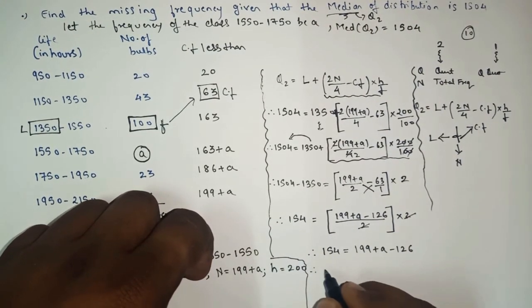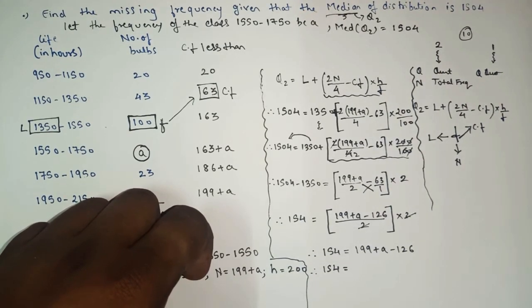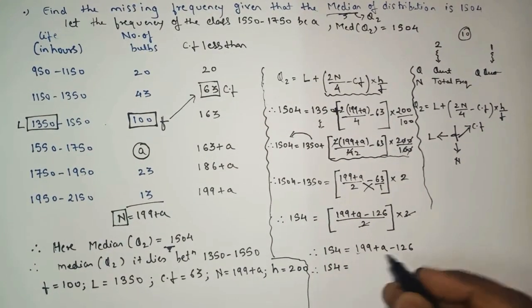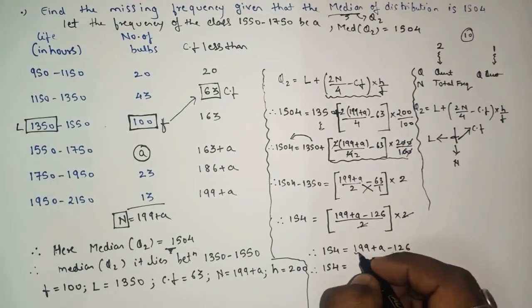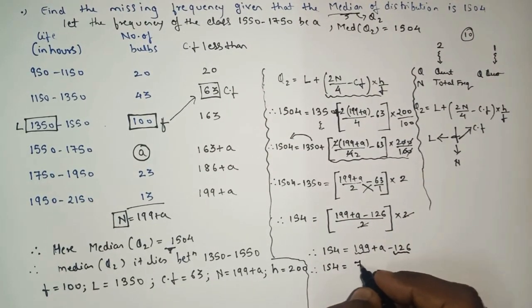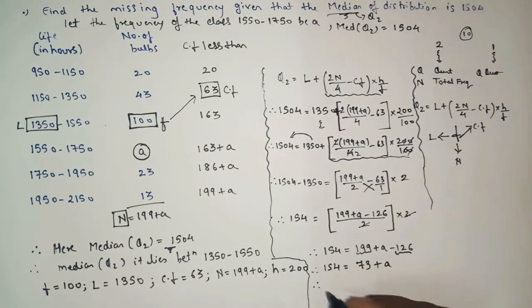Okay, so therefore 154 equals to 199 minus 126. 199 minus 126, we will get 73 plus A.